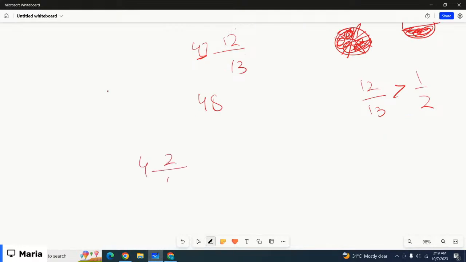Just look at the fractional part. 2 over 4, you need to compare it to 1 over 2, right? 2 by 4 is equal to 1 over 2, because 2 by 4 and 1 over 2 are equivalent fractions. That means you need to round up. Round up means it would be rounded off to 5, right? So 4 whole 2 by 4 is rounded off to 5. Got it?